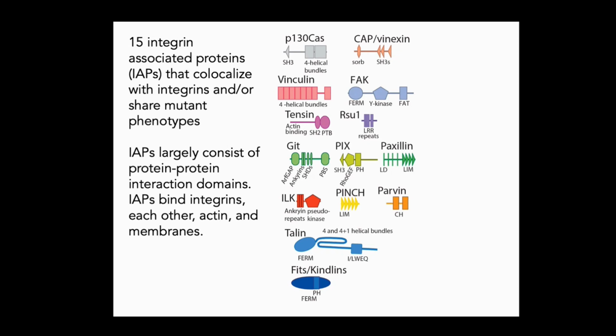So this one, for example, is called integrin-linked kinase, but it turns out it's a pseudokinase, and its kinase domain is, again, used as a protein interaction domain. The one real active kinase is focal adhesion kinase.